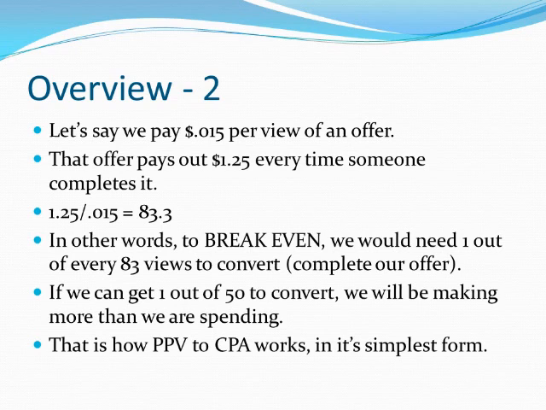That means we'll need one conversion for every 83 views in order to break even, so we'd be spending the same amount that we'd be bringing in commissions. To turn that into a profit, we'd have to make that conversion rate a little better. If we can get 1 out of every 50 to convert, we'll be making more than we're spending. Basically, that's how PPV to CPA works, in its simplest form.